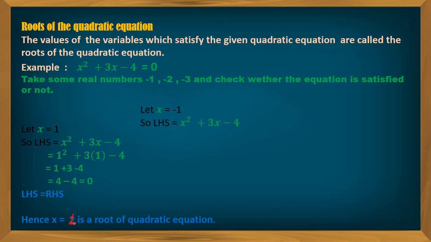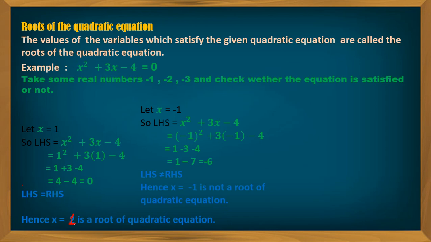Now let us consider x as minus 1. So what will happen with x as minus 1? We get minus 6. That means the left hand side and right hand side are not equal. So here we say that x is minus 1 is not a root of the quadratic equation.